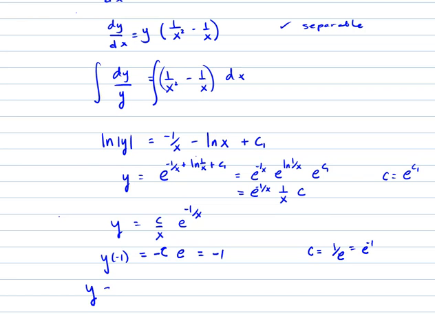Finally, now y, if I take this function here, which is what we found y to be, replace c with this number, I get 1 over x e to the negative 1 over x minus 1. And this is my explicit solution.